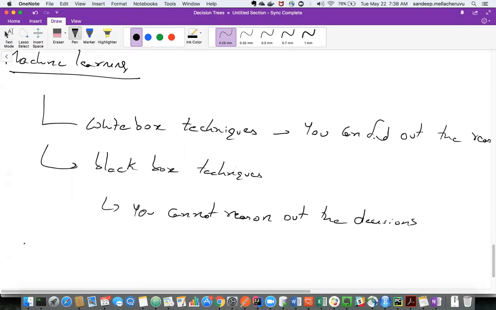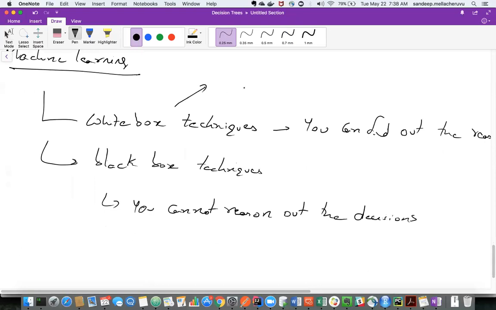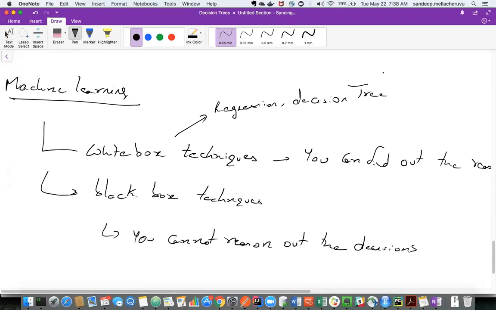So some of the white box techniques are regression, decision tree, and there is no pure white box models, pure black box models, you cannot say. Many of these techniques, partially they are white box, partially they are black box. For example, regression. Regression is considerably more black box, not so white box model compared to decision tree.